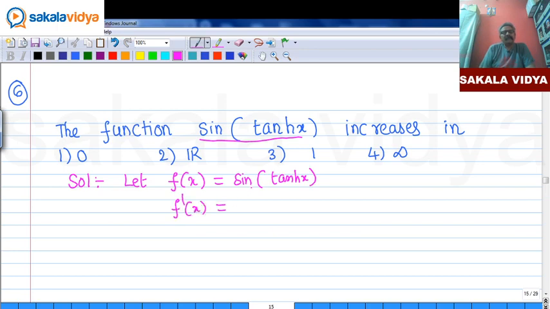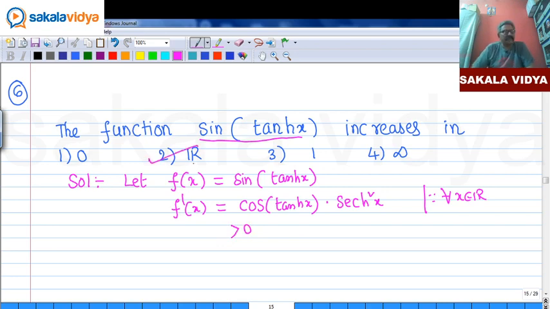Sine derivative is cos of tanh x, and next tanh x derivative is sech square x. So for all x belonging to R, this will be greater than 0. That is why it is R.